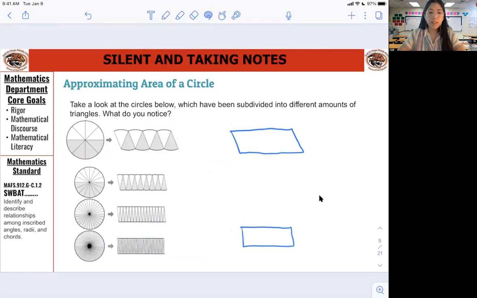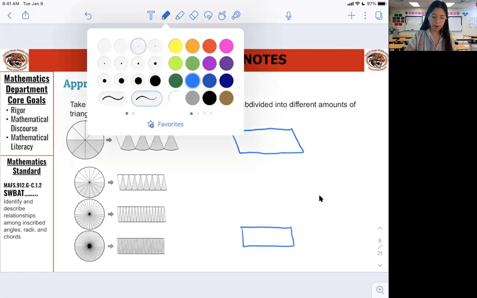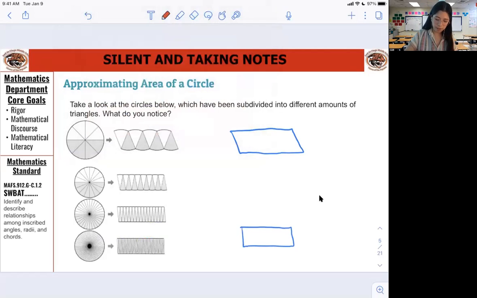And a rectangle would be the most accurate measurement, right? Because then the height is exactly the same height and the base is exactly the same base. The problem with a parallelogram is that the height is this. And so you don't get a good measurement when you're using the side length.